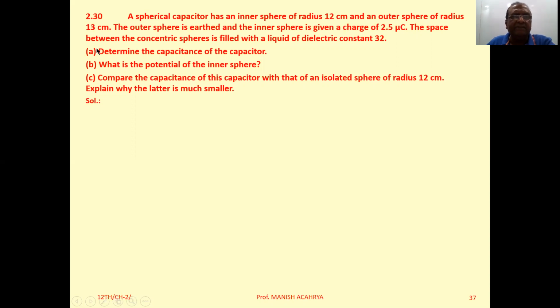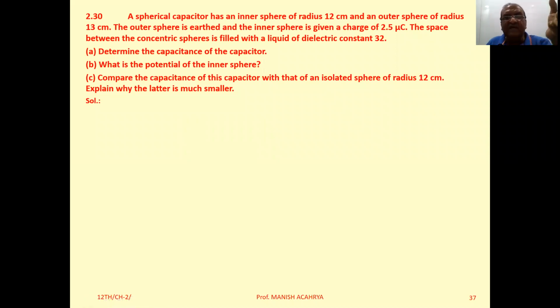Then A. Determine the capacitance of the capacitor. B. What is the potential of the inner sphere? C. Compare the capacitance of this capacitor with that of an isolated sphere of radius 12 centimeter. Okay, and why is the latter much smaller?